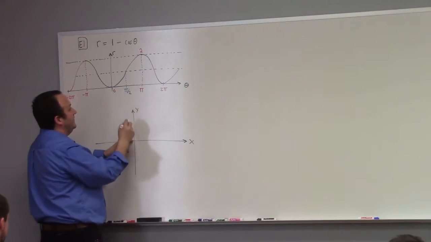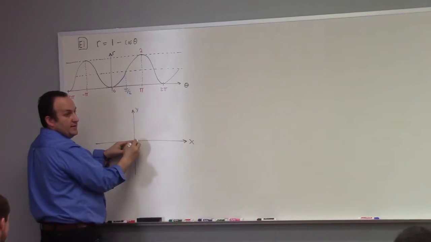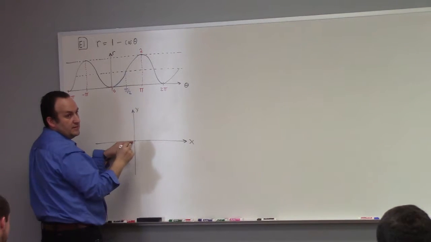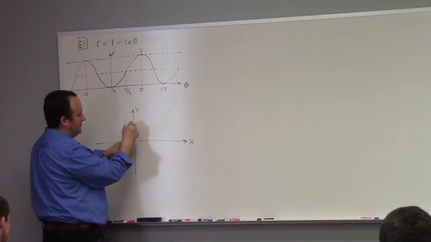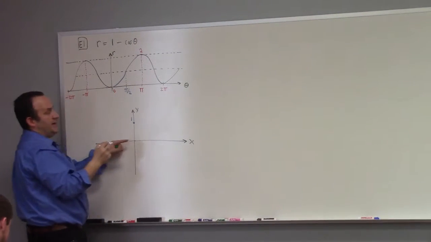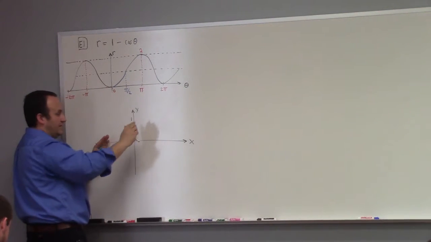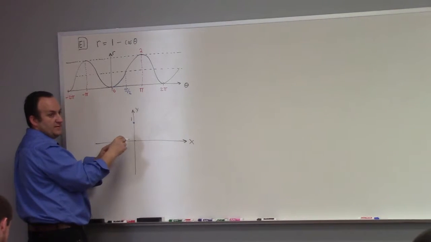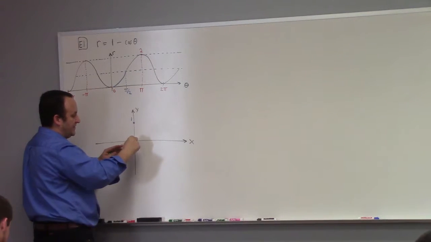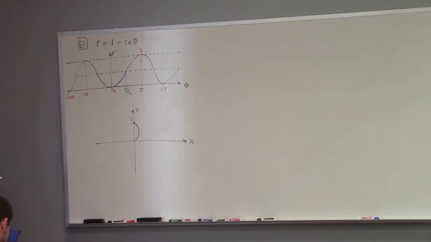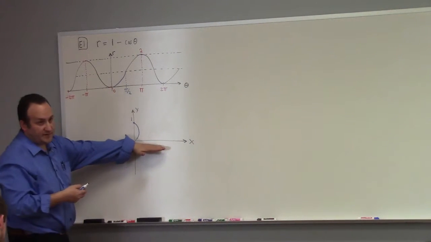It starts at 0, and what does it get to by the time it gets to pi over 2? It gets to 1, doesn't it? It starts at 0 and it swings out, and the radius looks something like this, roughly speaking, going from theta equals 0 to theta equals pi over 2.